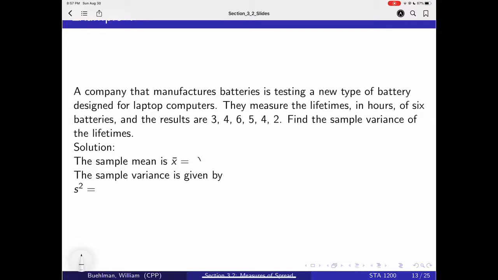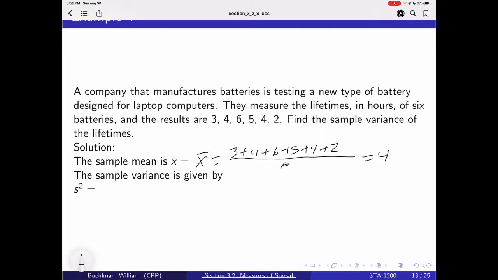And remember, x bar is equal to 3 plus 4 plus 6 plus 5 plus 4 plus 2, all divided by 6, which is equal to 4.